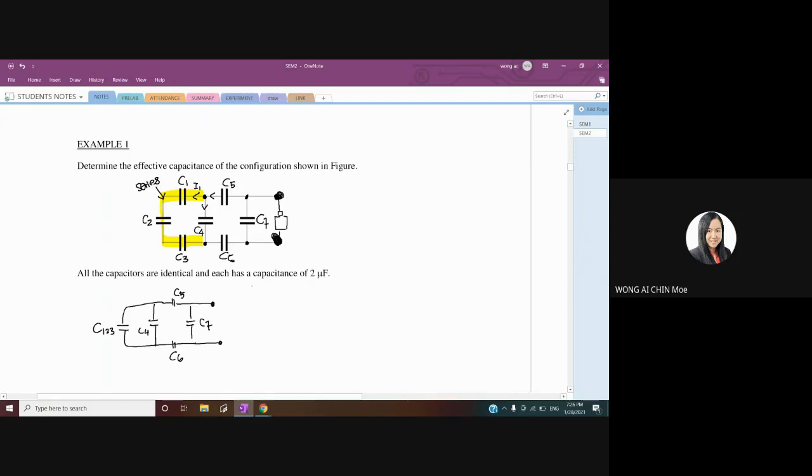Just now, for series, we need to do it in series. So C1, 2, 3 in series means 1 over C1 plus 1 over C2 plus 1 over C3. The question says all the capacitors are 2 microfarad, so we substitute: 1 over 2 micro plus 1 over 2 micro plus 1 over 2 micro.